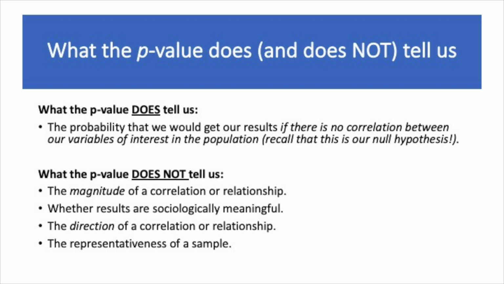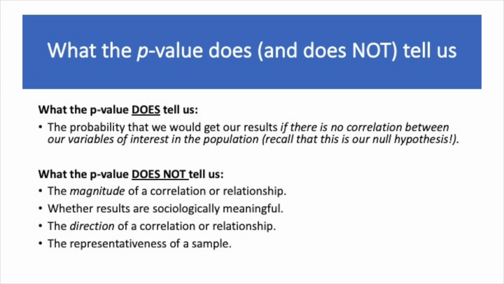So recall that what we're talking about here is our null hypothesis. We are testing the probability that we would get our results if the null hypothesis were true in our population. That's what the p-value does tell us.